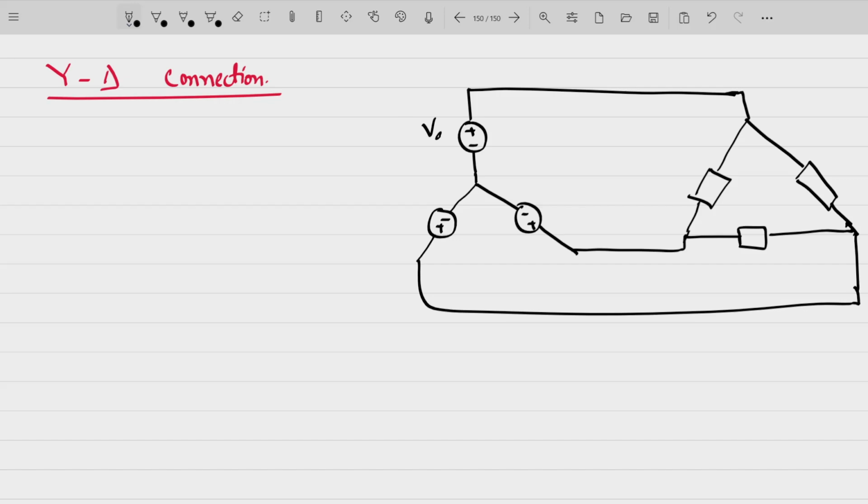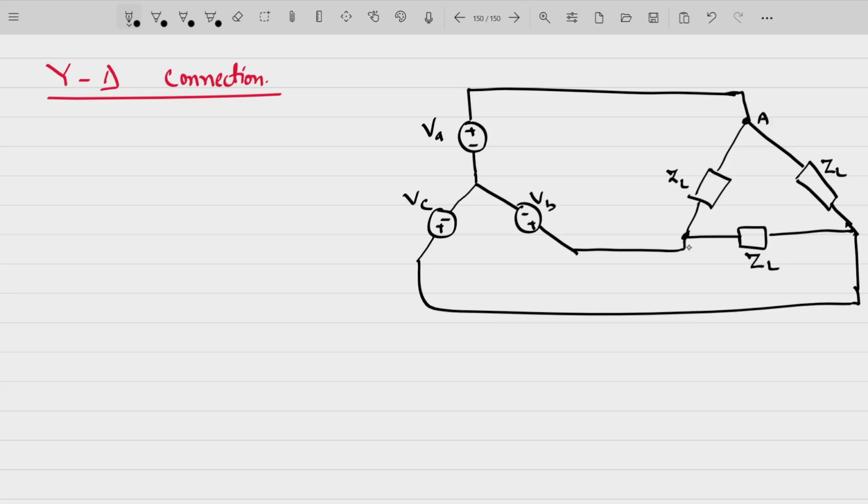So we have VA, VB, VC, the three-phase voltage. You have Z. Since we are assuming that the load is balanced, we can say simply ZL, ZL, and ZL.